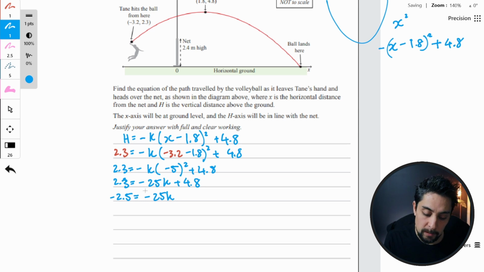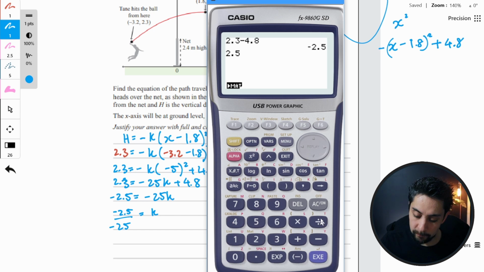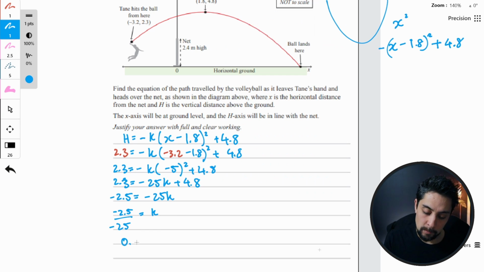And now we divide both sides by negative 25. Negative 2.5 divided by negative 25 equals k. 2.5 divided by 25, is that 10? 2.5, that sounds like a very big number. It must be 0.1. Divided by 25 is 0.1.